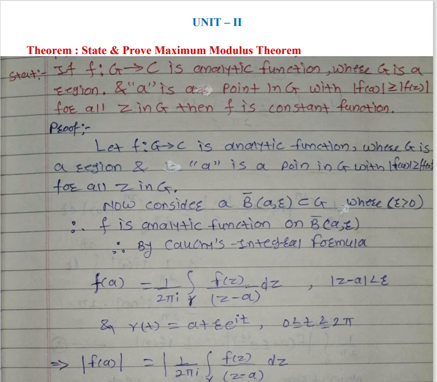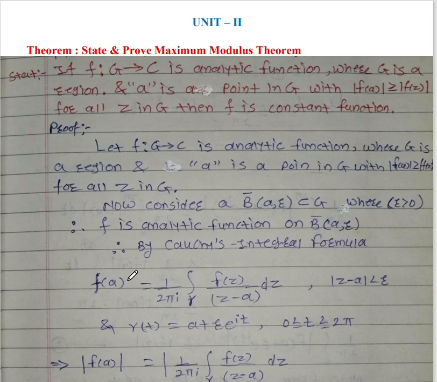Therefore f is an analytic function on the closed circle with center a and radius r, because f of z is analytic on the whole complex plane C. So by using the Cauchy integral formula, f of a equals 1 upon 2 pi i, integral over gamma of f of z upon z minus a dz, for mod z minus a less than r.